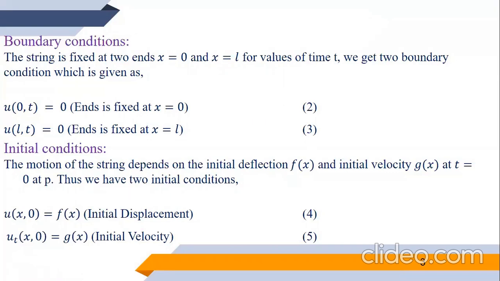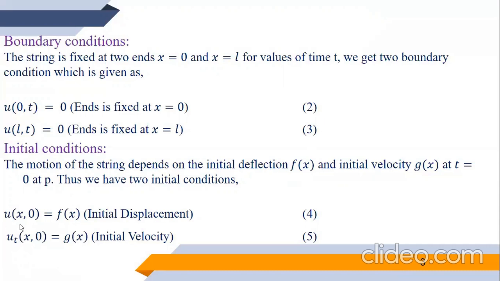Now the initial condition. The motion of the string depends on the initial deflection f(x) and initial velocity g(x) at the time t is equal to 0. Thus, we have two initial conditions.